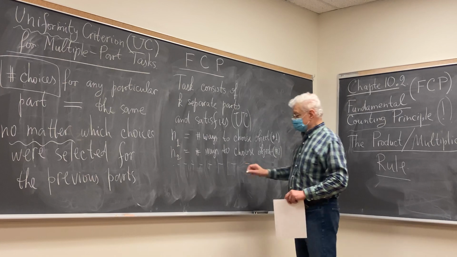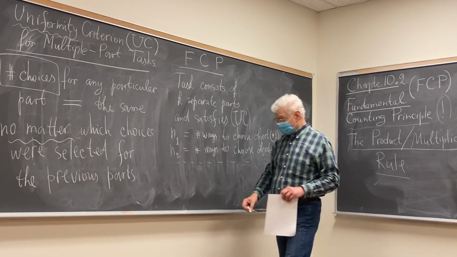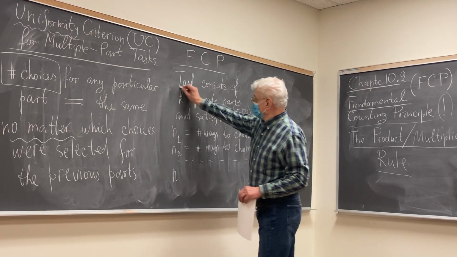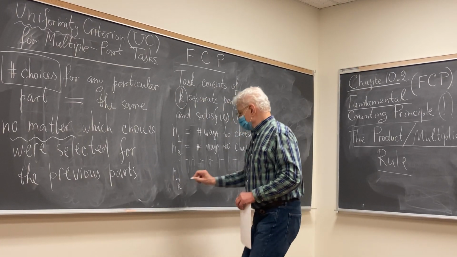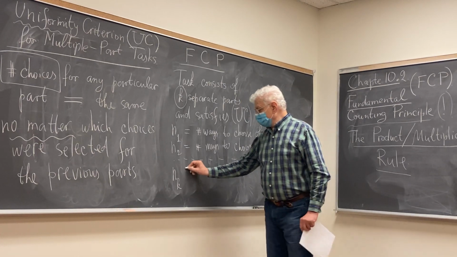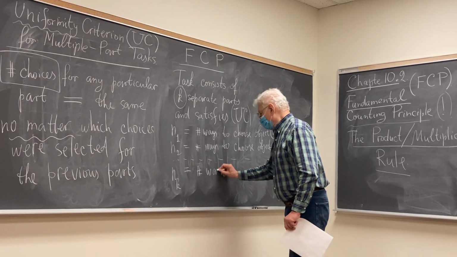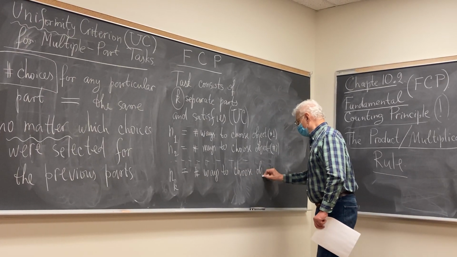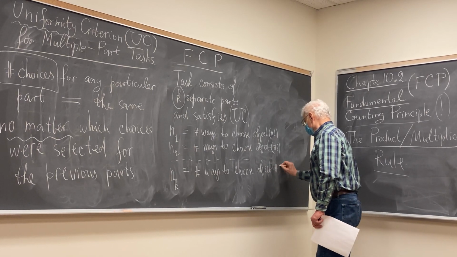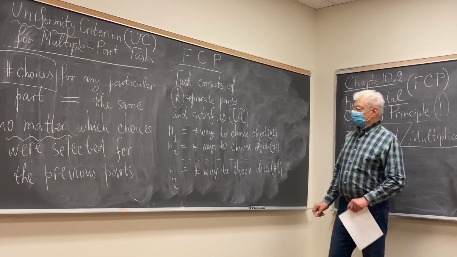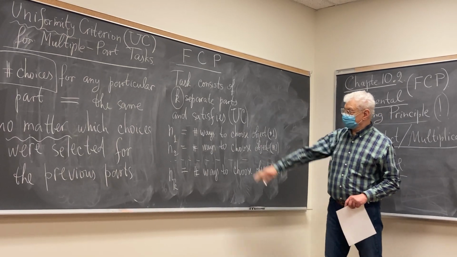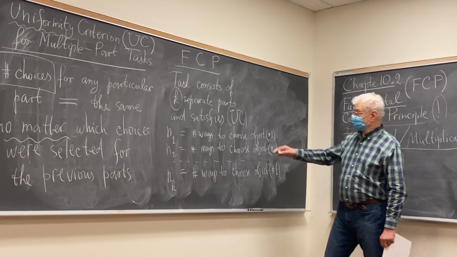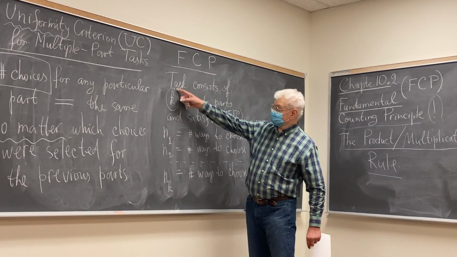The same way n sub 3, n sub 4 and 5. And finally, because we have k of them, the last will be n sub k, the number of ways to choose object number k. So you have k separate parts, and they satisfy UC. This is my task.